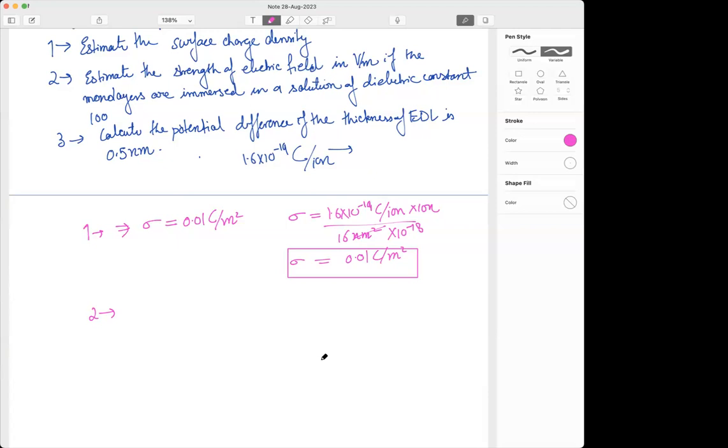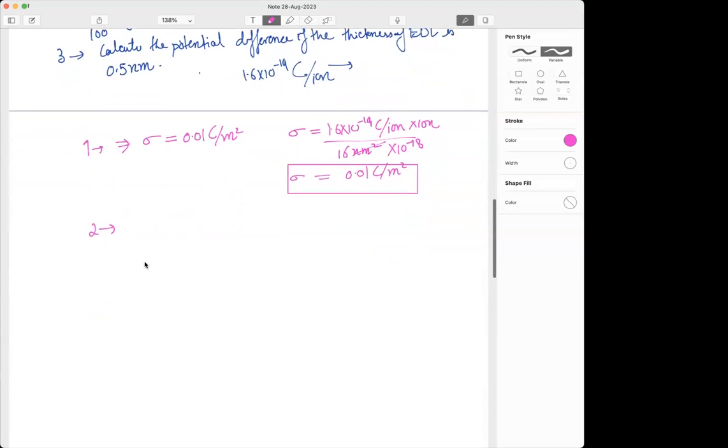The second one is 1.12 into 10 to the power 7. Okay, we need to calculate it, so let's calculate. Sir, I've got the answer. Yes, sir.